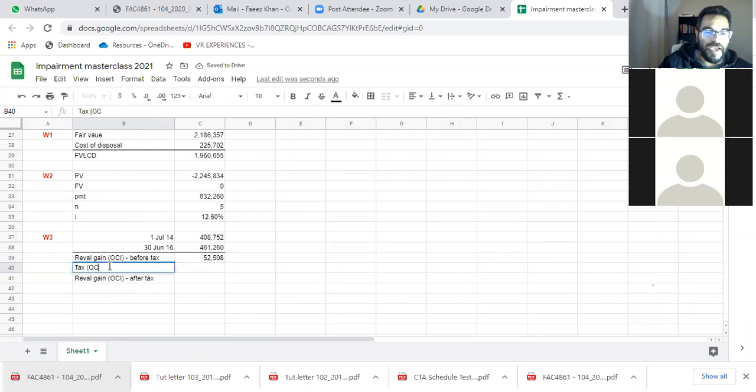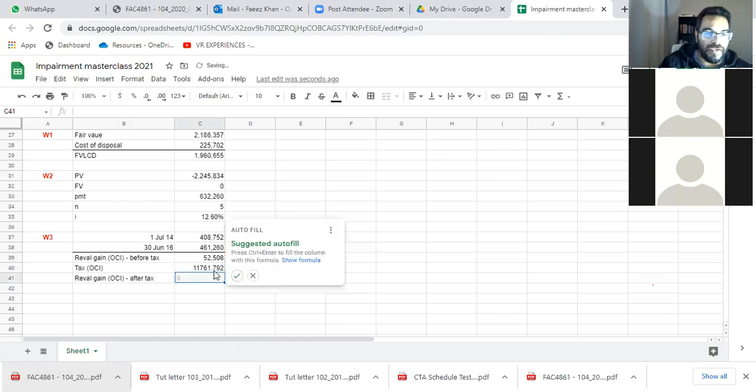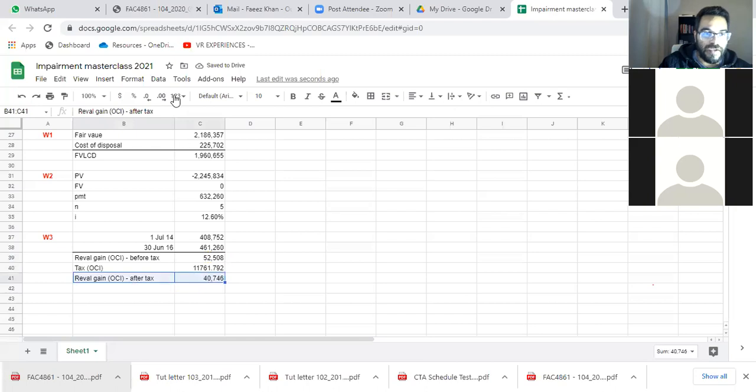Remember the rule of deferred tax is that deferred tax follows the underlying transaction. Because the underlying transaction is going through OCI, tax goes through OCI. So the tax on this would be the gain at 80% multiplied by 28%. So if I just say that minus that, we would get an after tax of that amount.